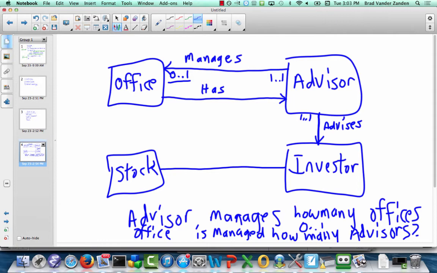Okay, C contains another important piece of information. What's the other important piece of information for relationships for the ER diagram? 0 to many stocks. Okay, so an investor owns 0 to many stocks.